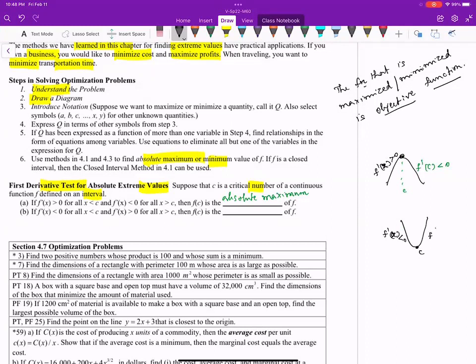To the right of c, the graph is increasing. So this will be the min. So if f prime x is less than 0 for all x less than c, and f prime x is more than 0 for all x greater than c, then f of c is the absolute minimum.